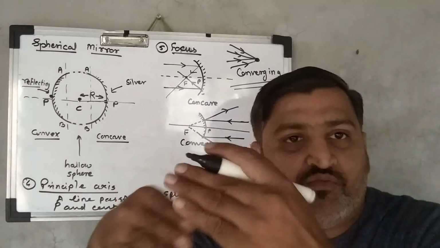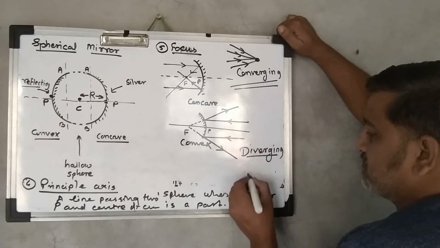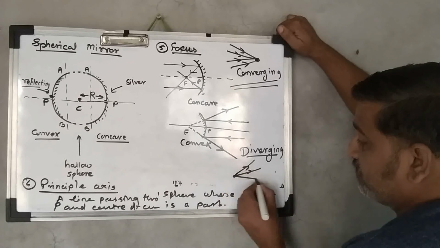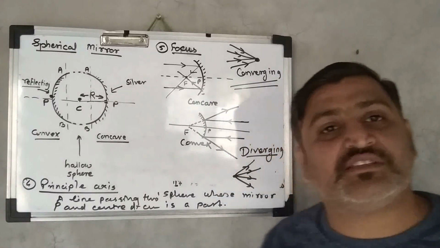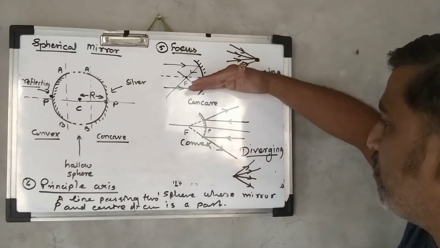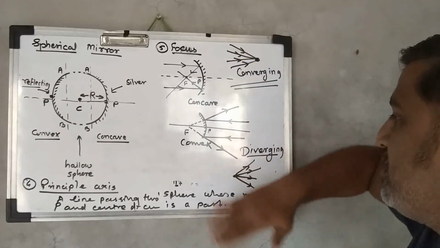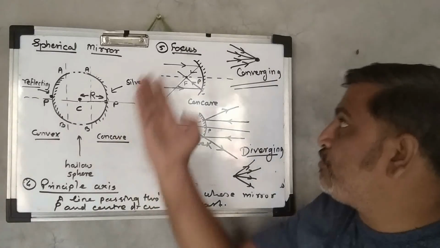Diverging means rays of light pass from a single point in all directions. So these two actions are done by the concave and the convex mirror, and I told you about the focus.